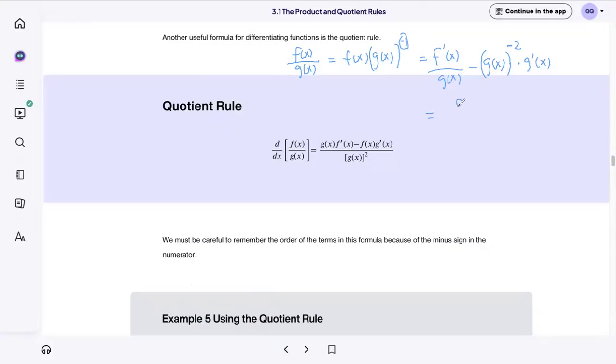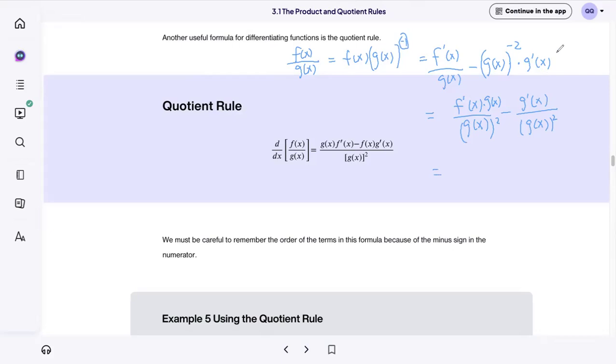So let's rewrite this. We have f prime of x divided by g of x, then minus g prime of x divided by g of x squared. And of course, we can multiply by g of x here, then this bottom becomes squared.